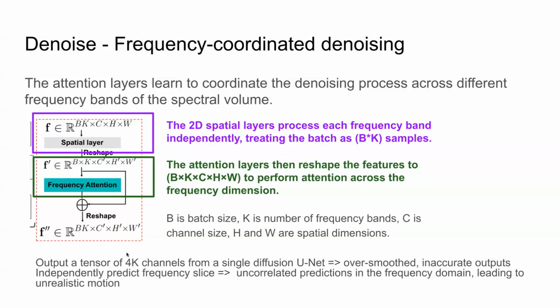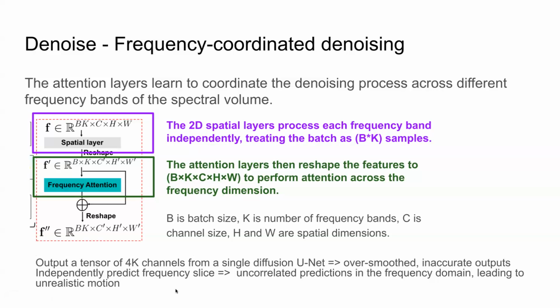Yeah. And if you don't want it to be over-smooth, something else you can do is independently predict each frequency slice. That means like the purple blocks, you're treating each frequency band independently.